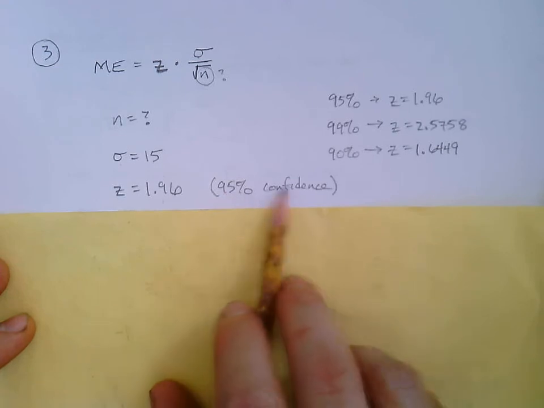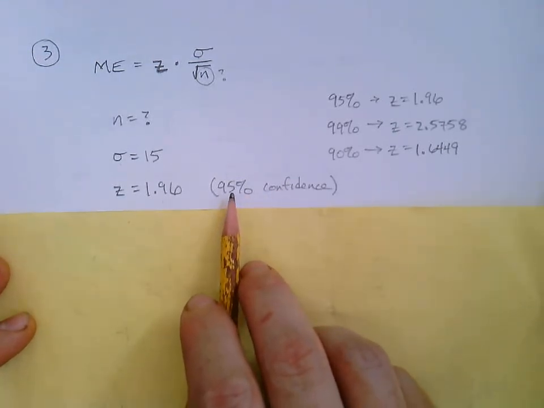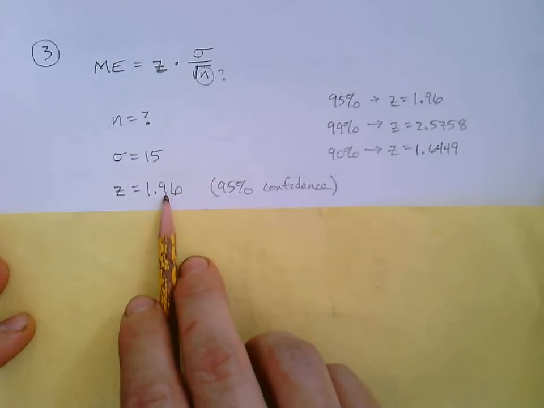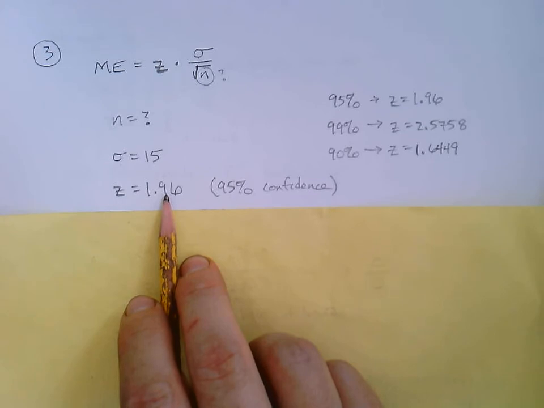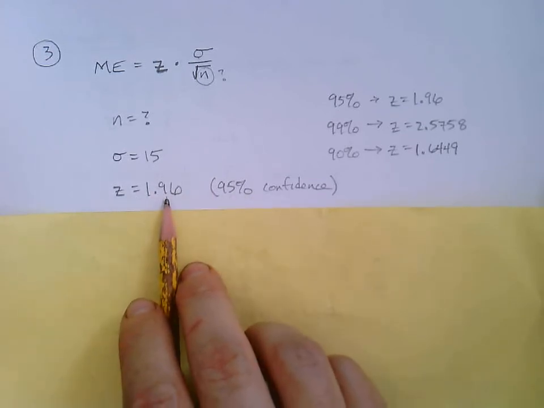So with 95% confidence, this is something nice about confidence intervals. If you're doing a 95% confidence interval, that's always going to have a z-score of 1.96. So it might be something that you just remember. 95% confidence, that means the z-score 1.96.